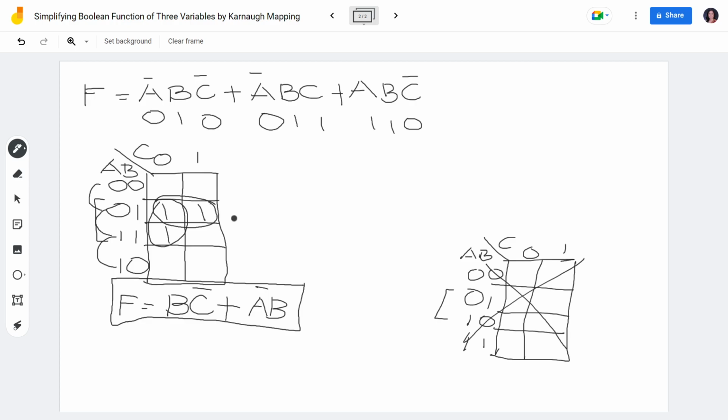What if what you have done is you did not overlap it and just do it here? What will happen is that, so let me rewrite it.